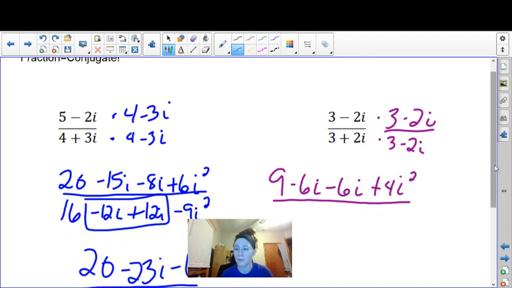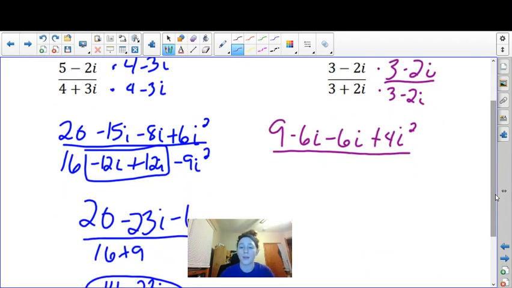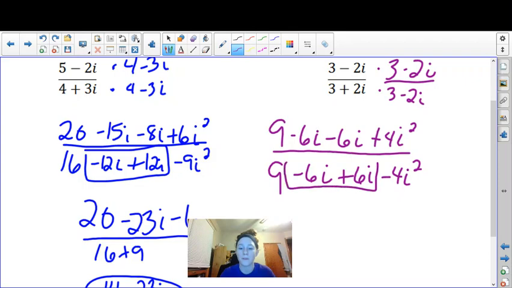On my denominator, we're going to get 3 times 3 is 9 again. 3 times -2i is -6i. 2i times 3 is 6i. 2i times -2i is -4i squared. And if you notice, they cancel again.